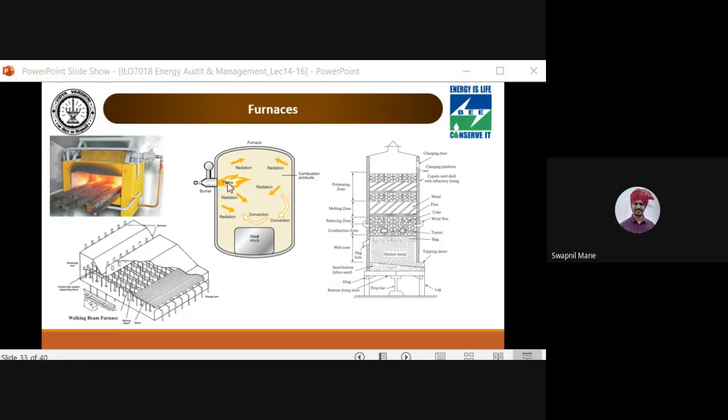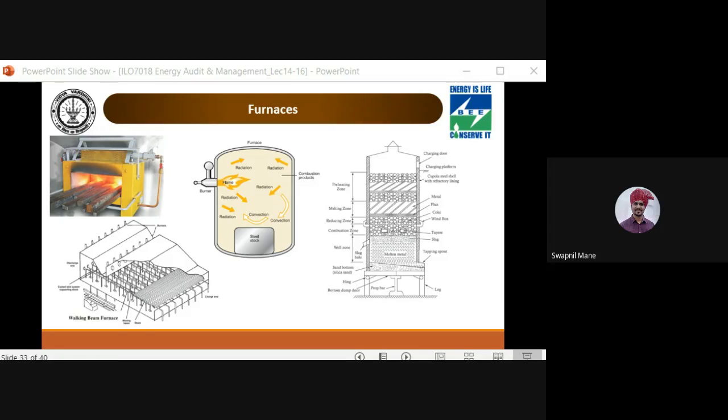It will have a flame, and the complete furnace design should be such that there is a refractory substance inside the furnace, so that the heat is transferred by radiation and reflected by the internal material, and the stock is kept in such a way that heat is supplied to it through convection. So radiation and convection are the only modes of heat transfer inside the furnace, whereas conduction is kept to a minimum, because conduction is only for the heat loss through the walls of the furnace.